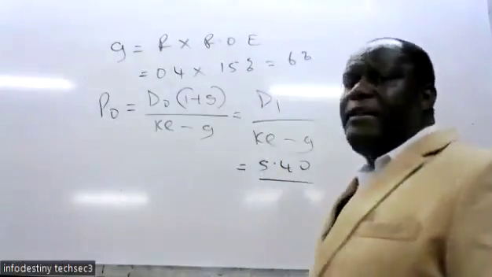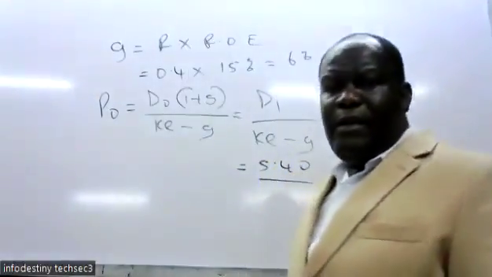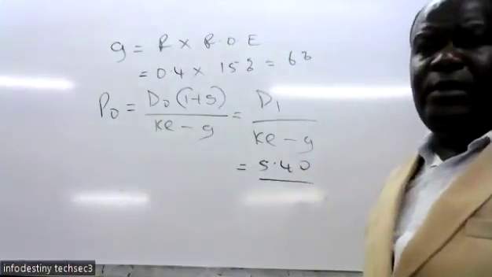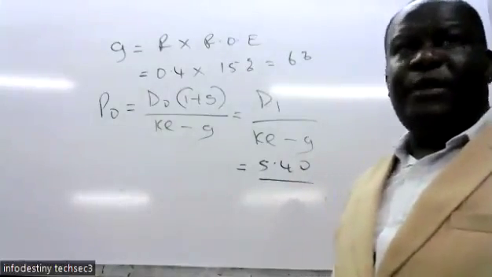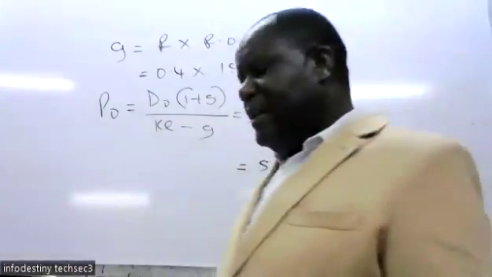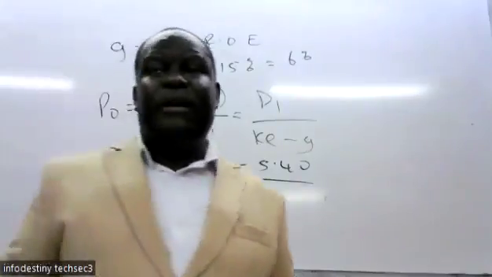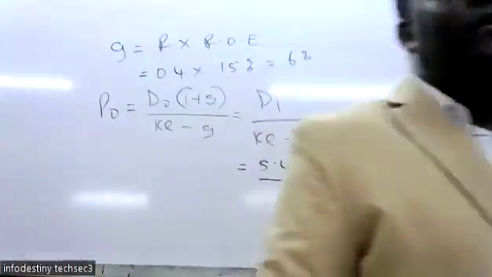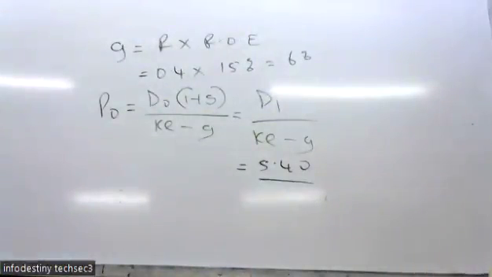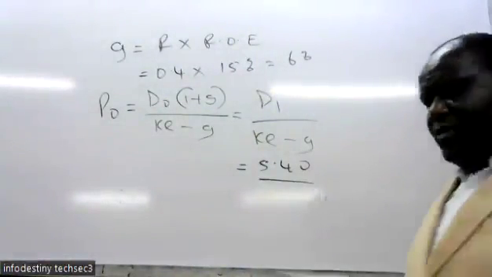Ke, I said, is the cost of equity. That cost of equity will be the same as the required rate of return on equity, in note number 2.